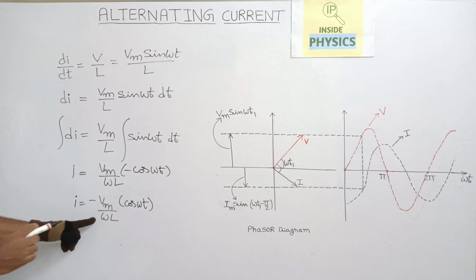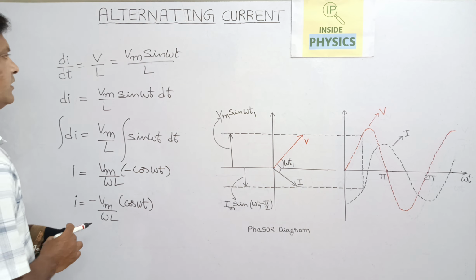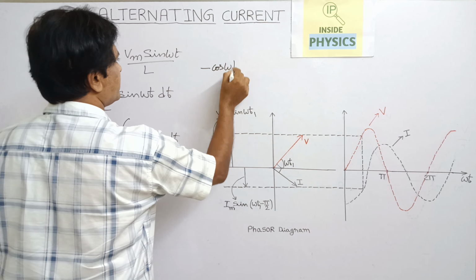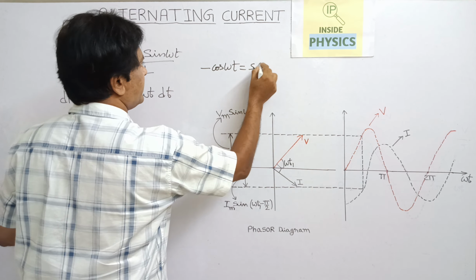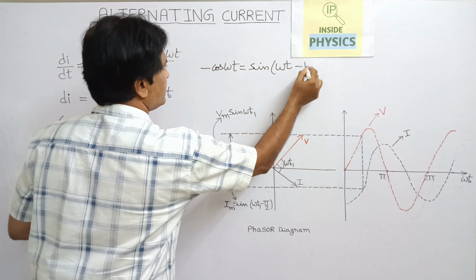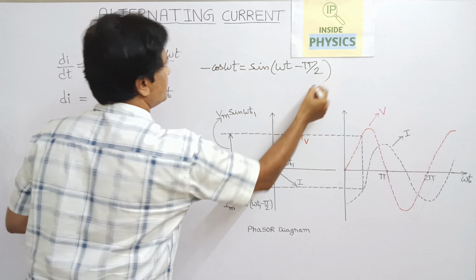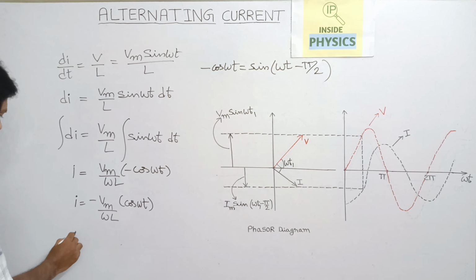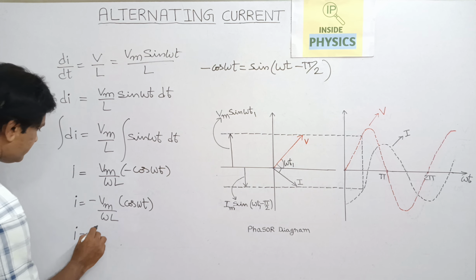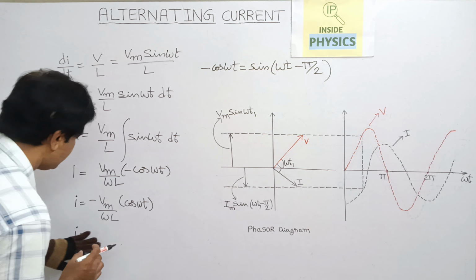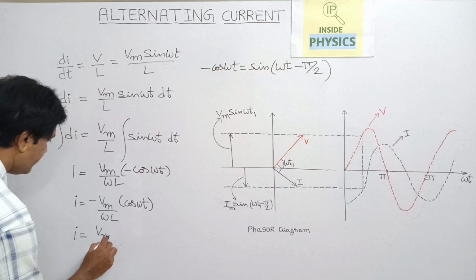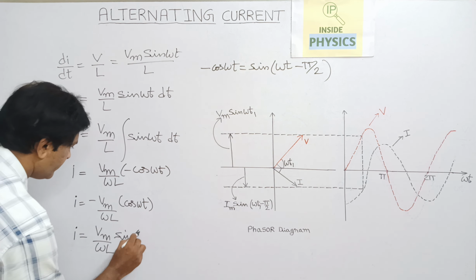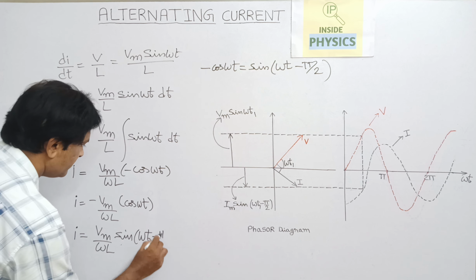By trigonometric identities, minus cos omega t can be written as sin omega t minus pi by 2. So I is equal to Vm by omega L sin omega t minus pi by 2.